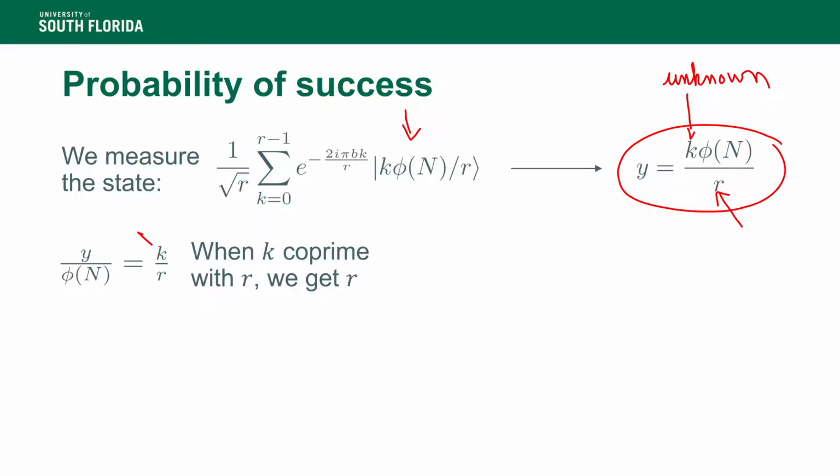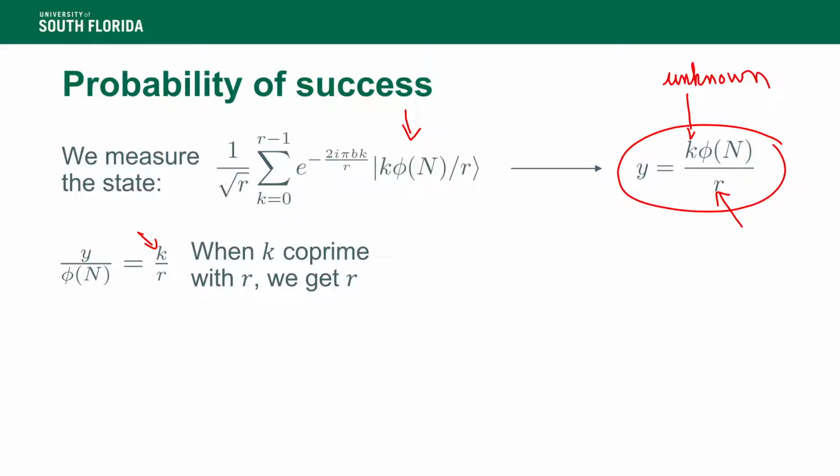We know that, but for some k that is coprime with r, okay? If they're coprime, then you just simplify as much as you can the fraction, and then you'll learn from the numerator and denominator what exact values k and r have. But if they're not coprime, you're going to lose information about r because some of the common factors between k and r will cancel out.